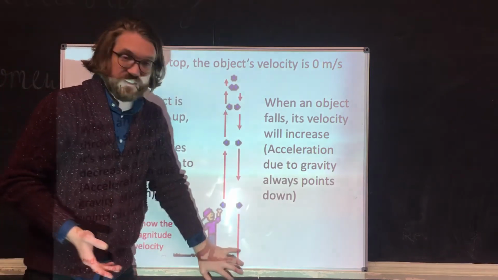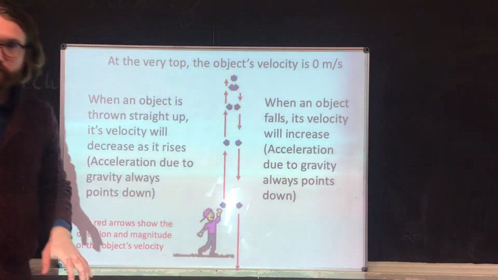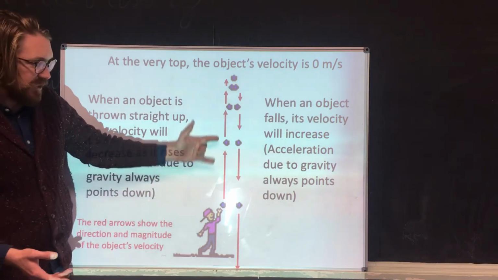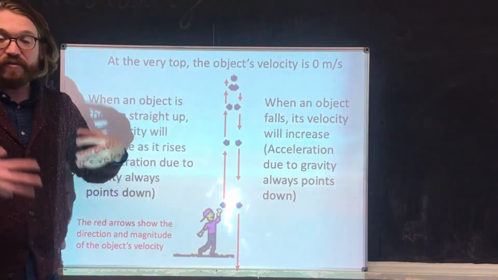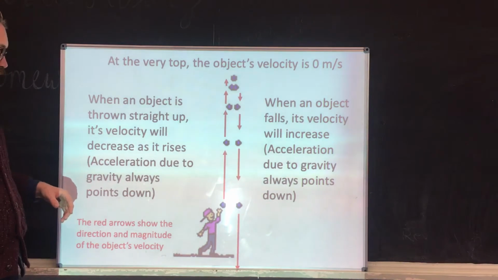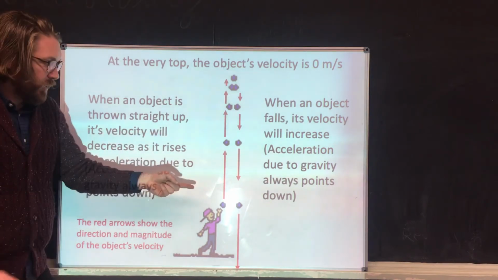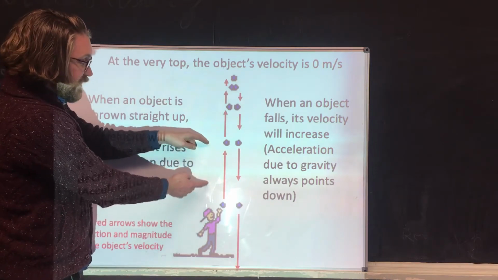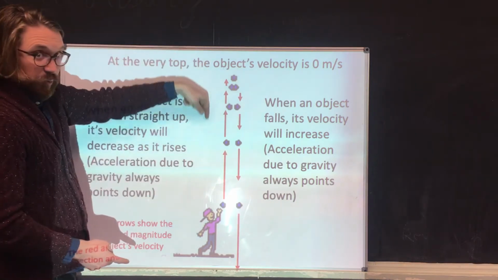Velocity increasing again. The red arrows show the direction and magnitude. Magnitude just means the size of the velocity in each one of these examples. So again, when we throw the object up, its velocity decreases because acceleration points down.